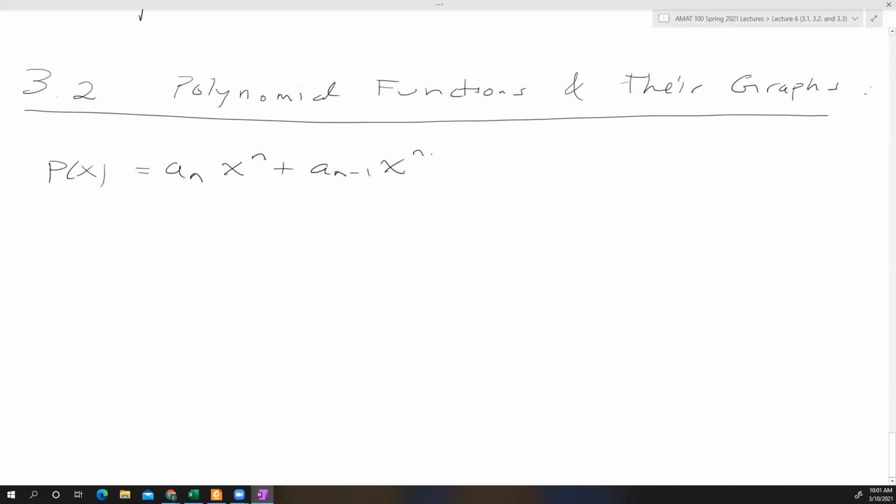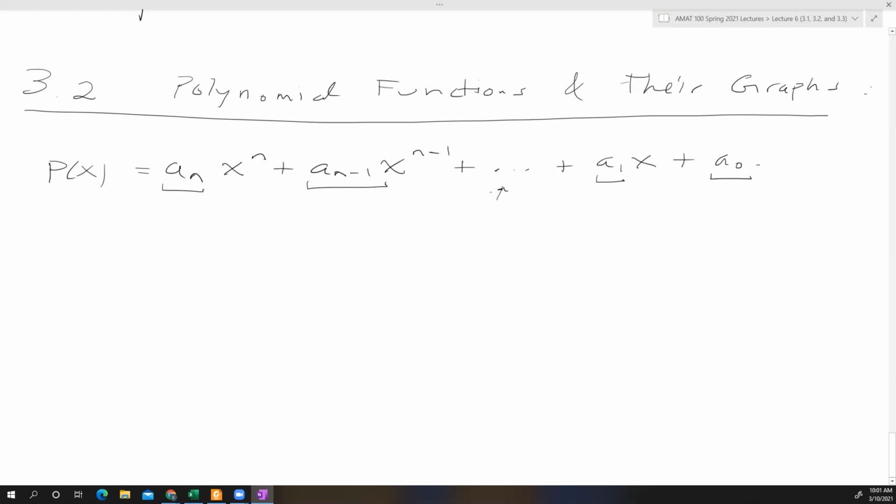So a polynomial function is a function of this form. You have a_{n-1}, a_1 and a_0 as coefficients, and you have these intermediate terms right here.